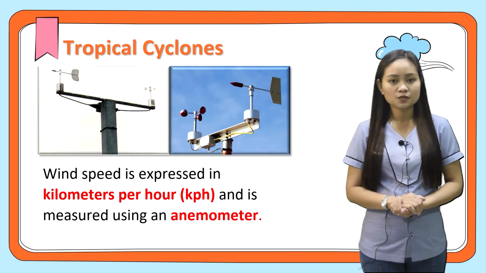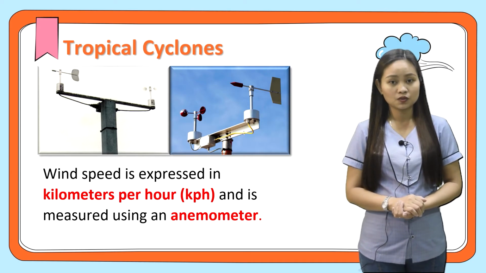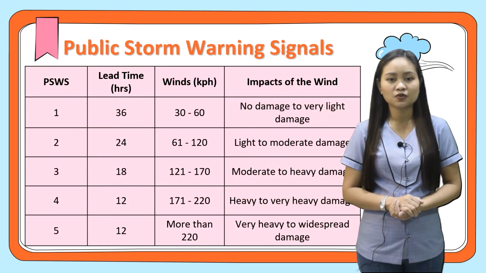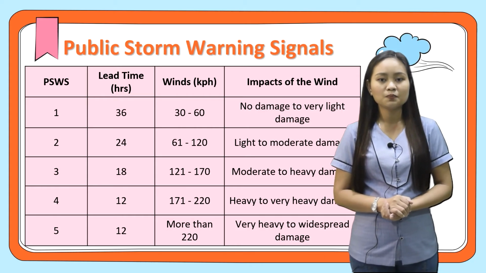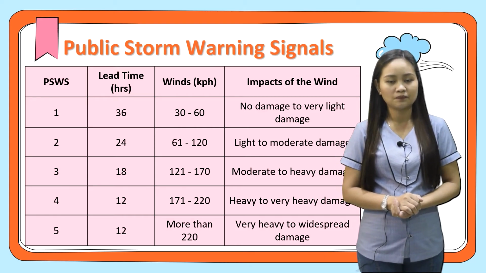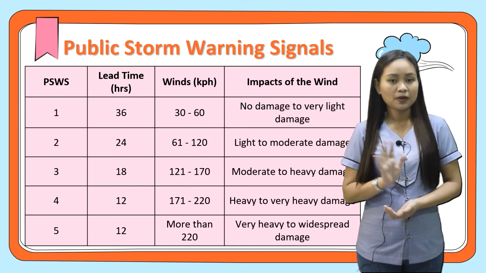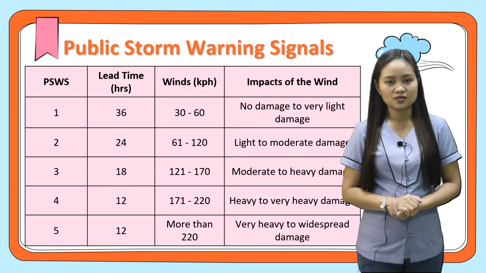Wind speed is expressed in kilometers per hour or kph and is measured using an anemometer. The table shows the range of the wind speeds given for each signal number of the typhoon entering the Philippine area of responsibility. Based on PAGASA, we have 5 public warning storm signals used in giving advisories.